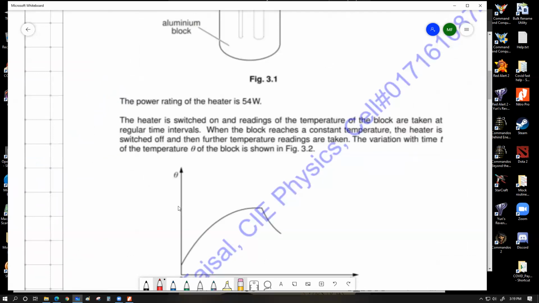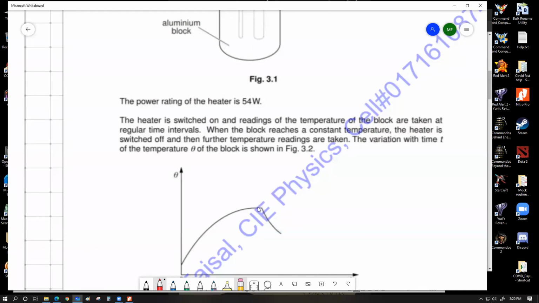The reason is that at this temperature, the aluminum block and all of the setup is so hot that its rate of heat received is equal to its rate of heat loss. So you do not have any more heat energy stored within the object, and ultimately you don't have any temperature increase. This is a scenario that we can call thermal equilibrium, where the rate of heat received from the heater and the rate of heat loss to the atmosphere have become exactly equal. So this is the point.